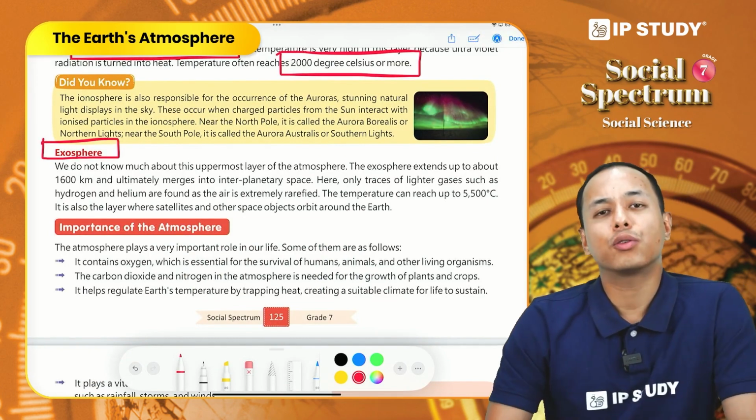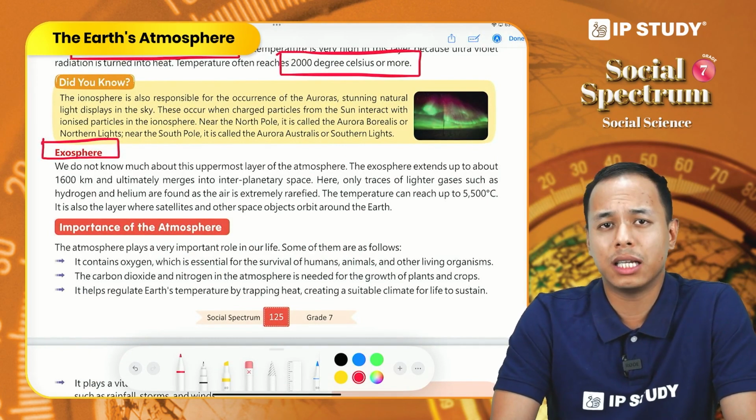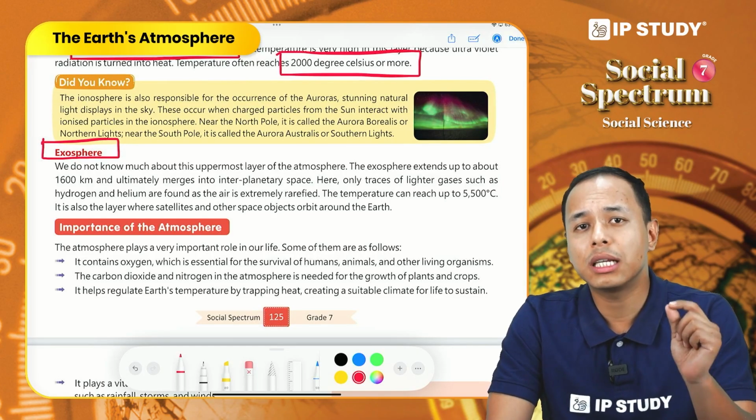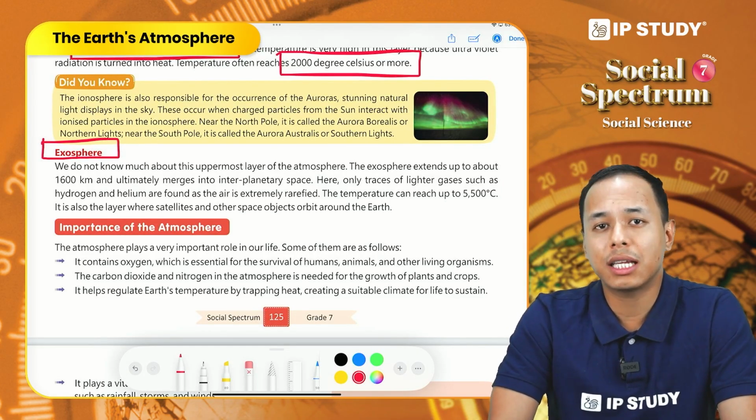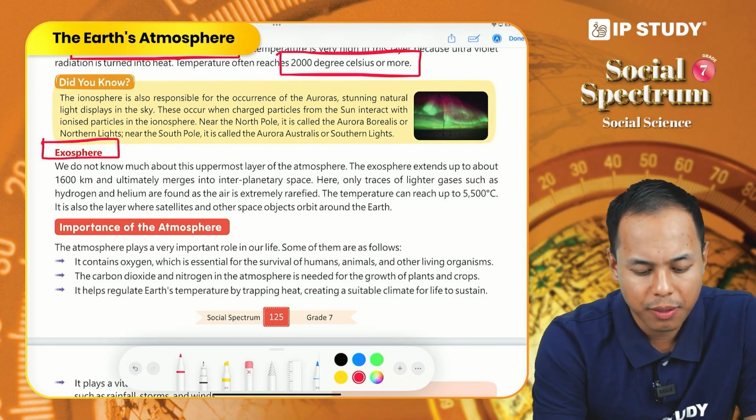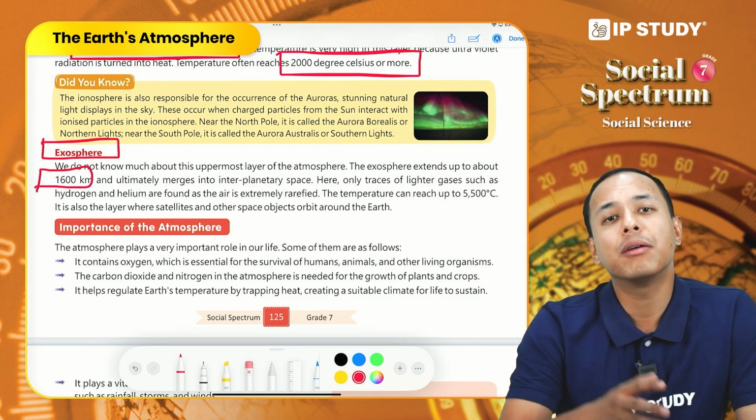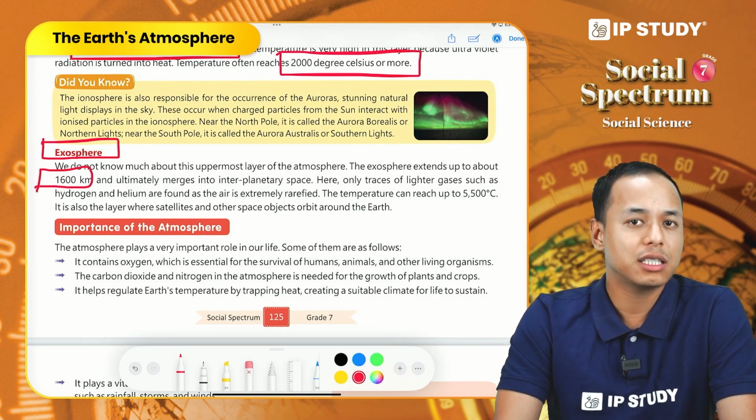Now lastly, the exosphere. We do not know much about this layer, and this is the uppermost layer of the atmosphere. Its altitude extends up to 1600 kilometers, and it ultimately merges with interplanetary space.